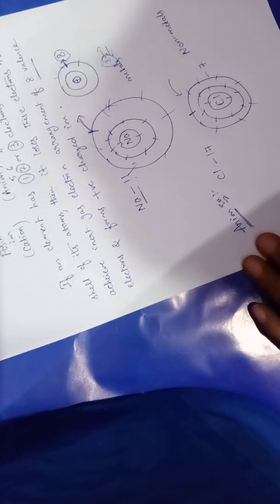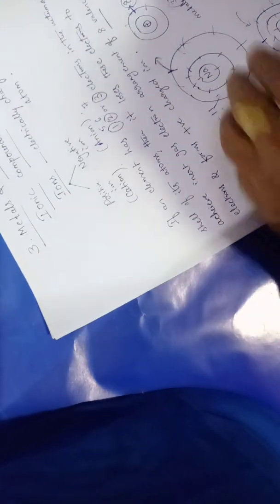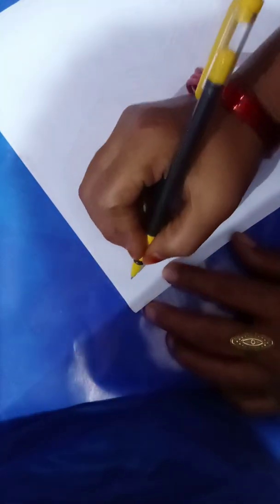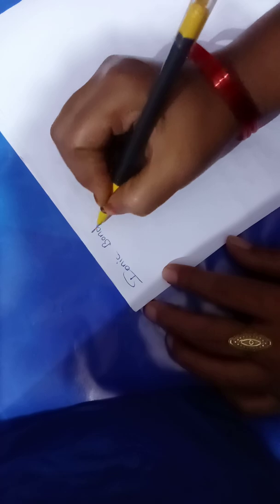Then if we look at ionic bonds, what are ionic compounds? What is an ionic bond?